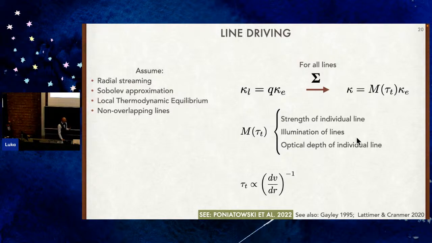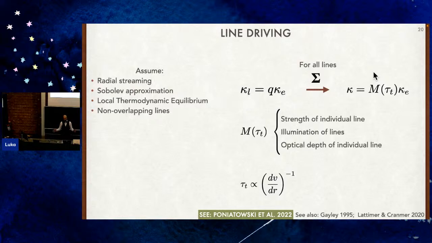Then we can expand upon our simple one-line scaling to sum over all the lines in our database and get a general kappa. This simple Q then will translate into something that we call the force multiplier.